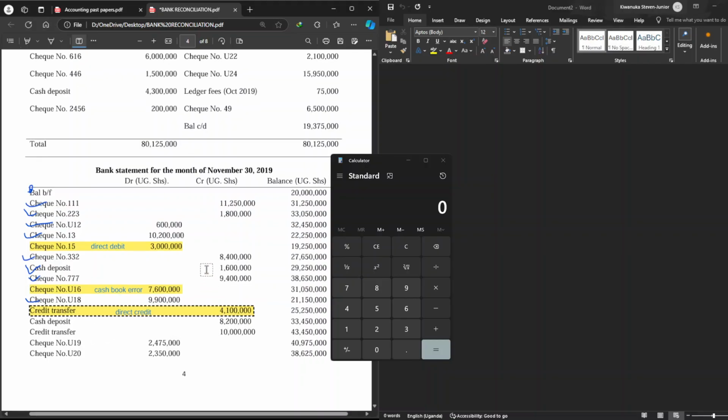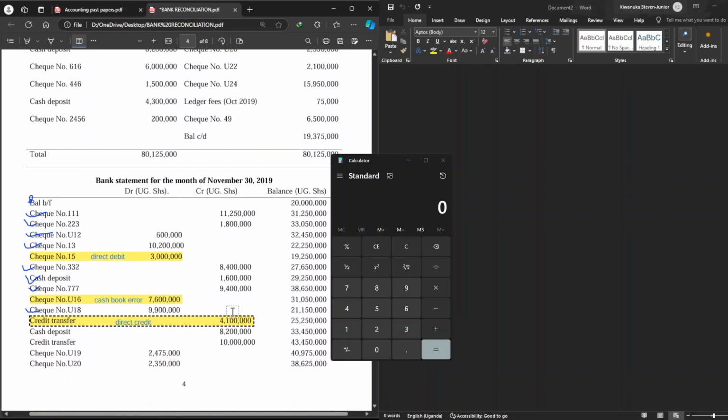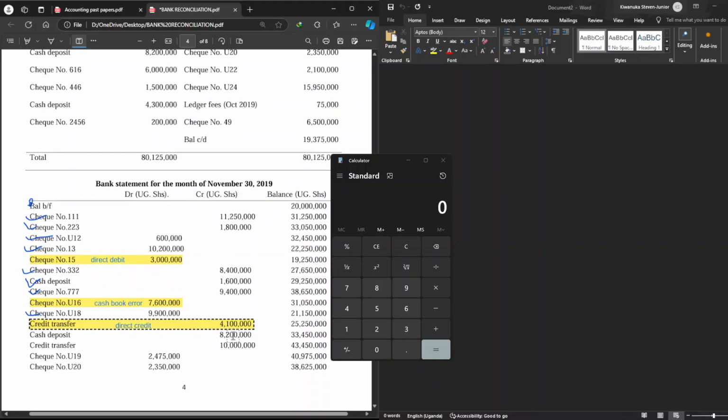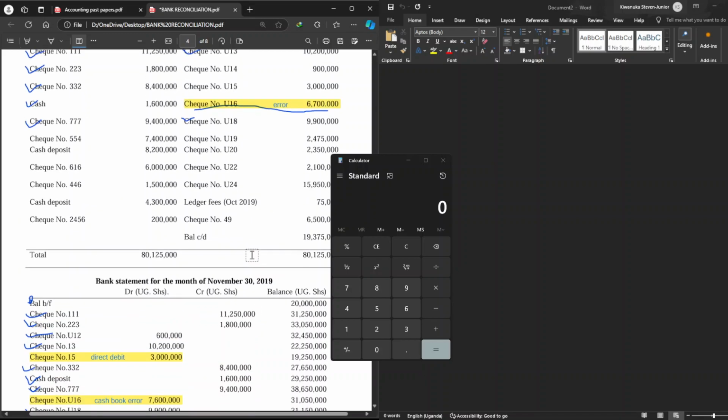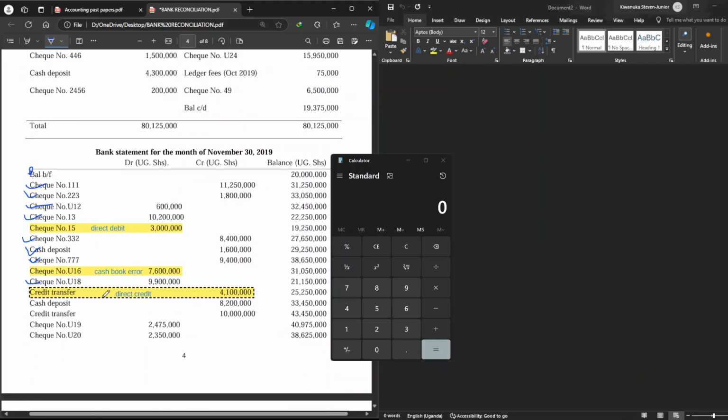So 8.2 million credit side should be on the debit side, since this side is credit. 8.2 cash deposit, we see that it is there. We'll take this. Then we take also this one.